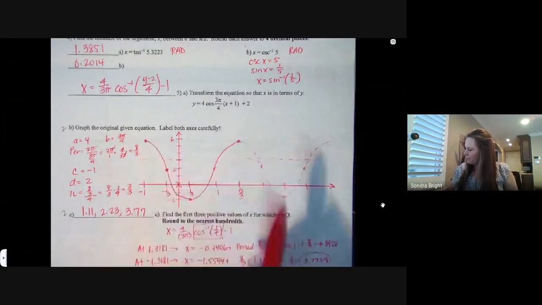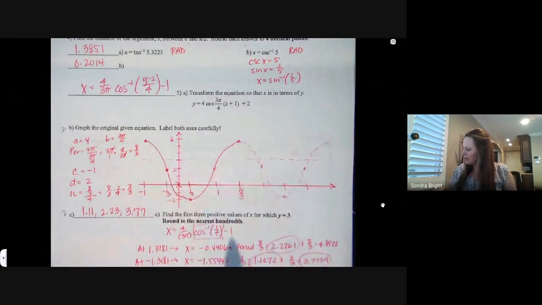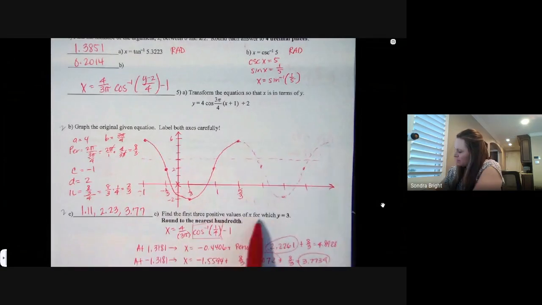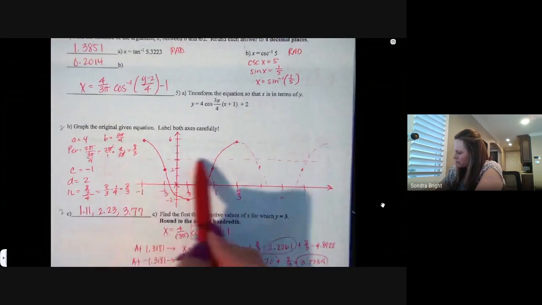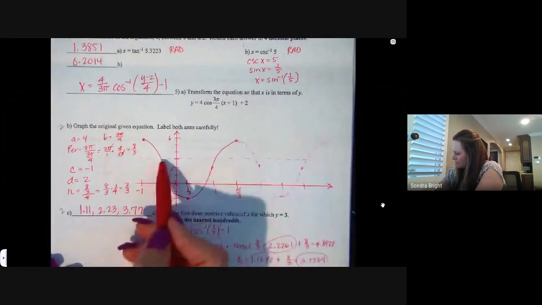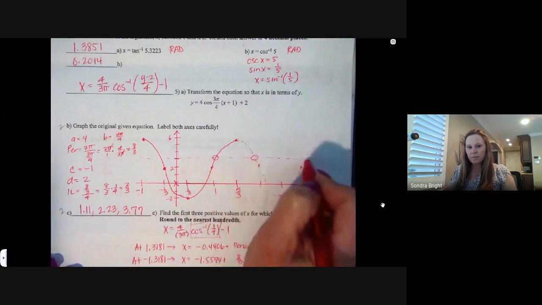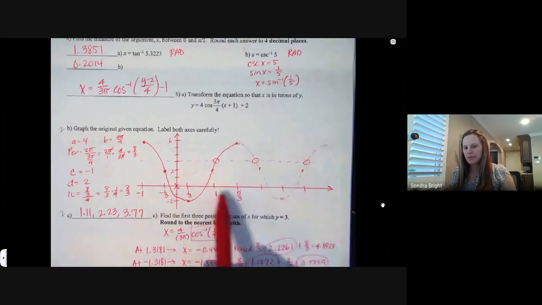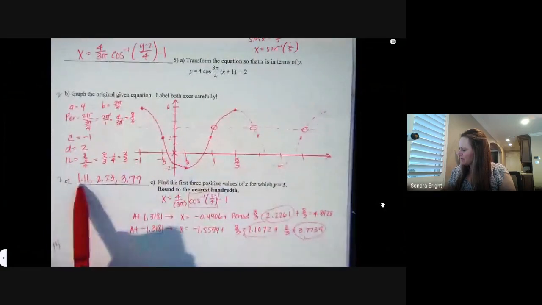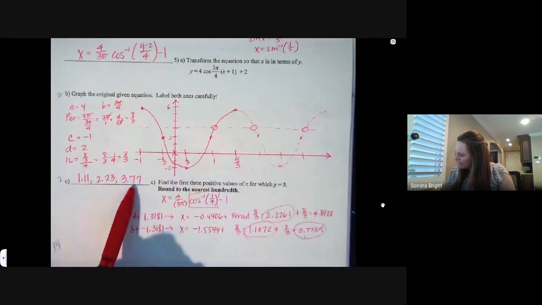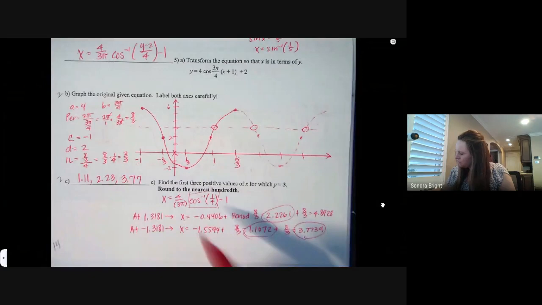And then finding the first 3 positive values of x when y is 3. I drew a little line. Here's when it's 3. The positive ones, this guy's negative. So you needed this, this, and that, which corresponded to 1.11, 2.23, and 3.77. Remember that you only put this guy in your calculator first.